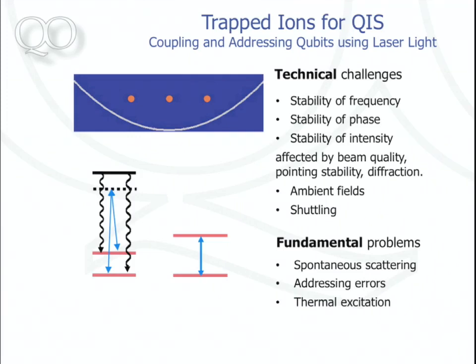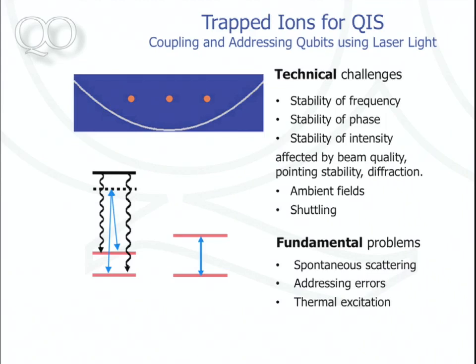You have to worry about ambient fields, and the usual laser-based scaling schemes involve heavy shuttling, lots of shuttling of ions, so this might be a drawback. Then there are these fundamental problems associated with laser light. You have to make an effort to avoid spontaneous scattering.